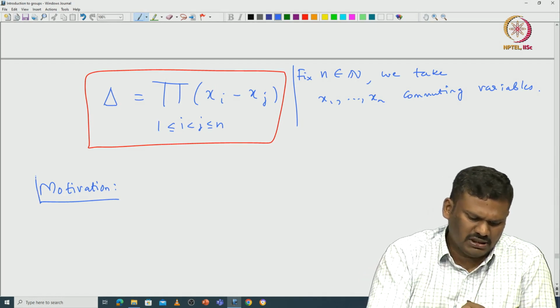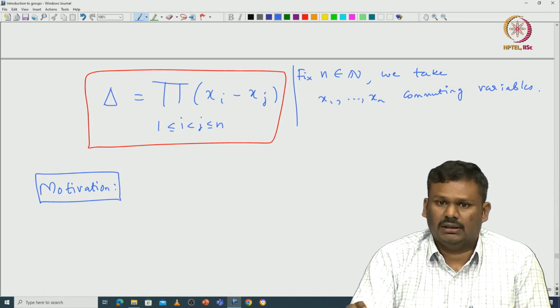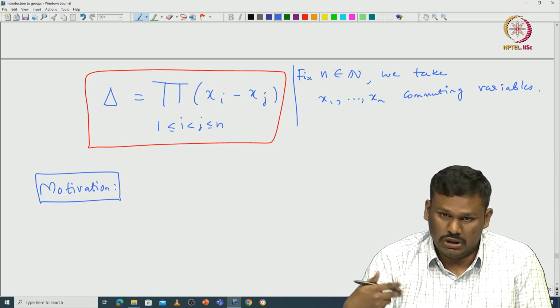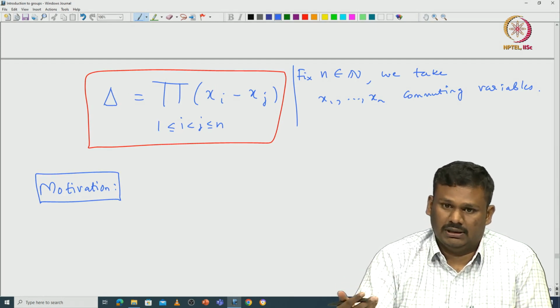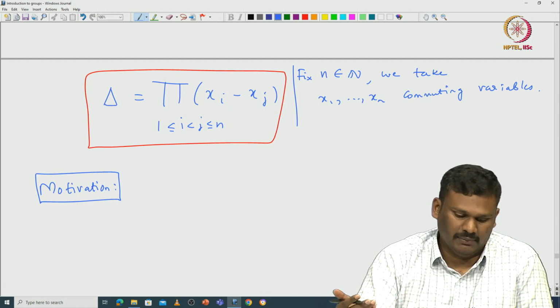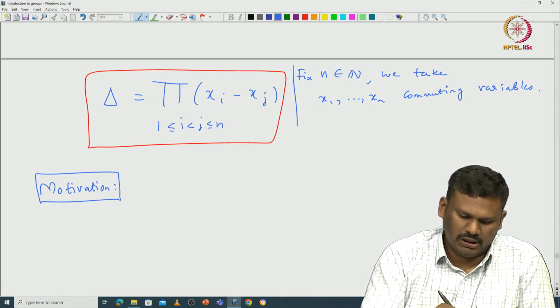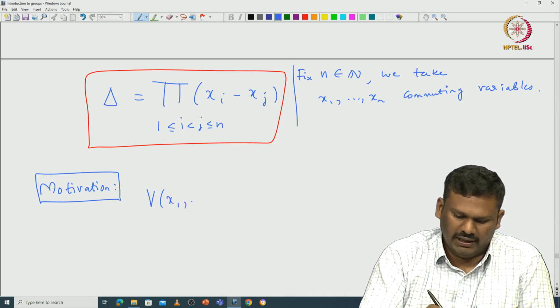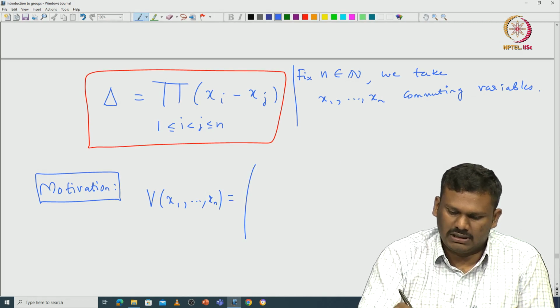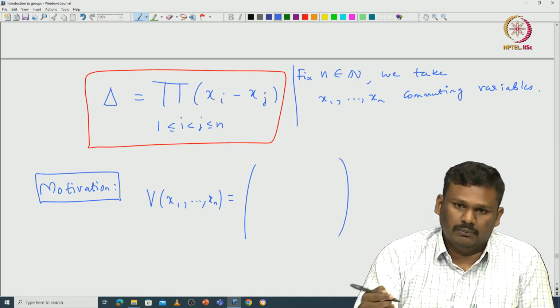Whatever definition you see in the literature, they all implicitly use knowledge of the determinant in the definition of the sign map. For example, this delta comes from this particular matrix called the Vandermonde matrix, a matrix whose entries are monomials.